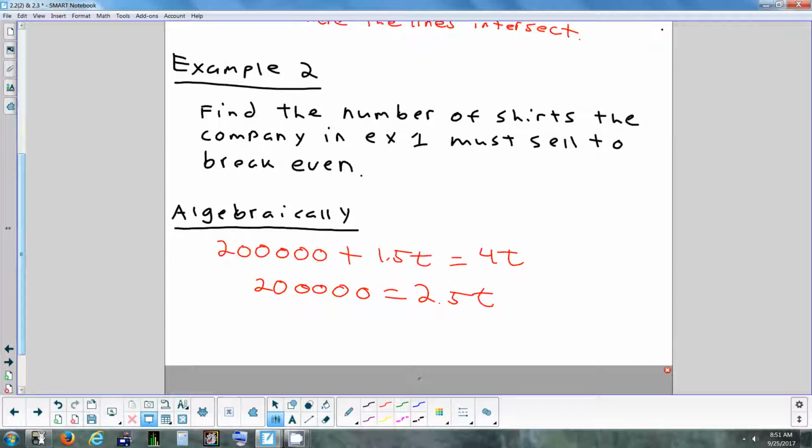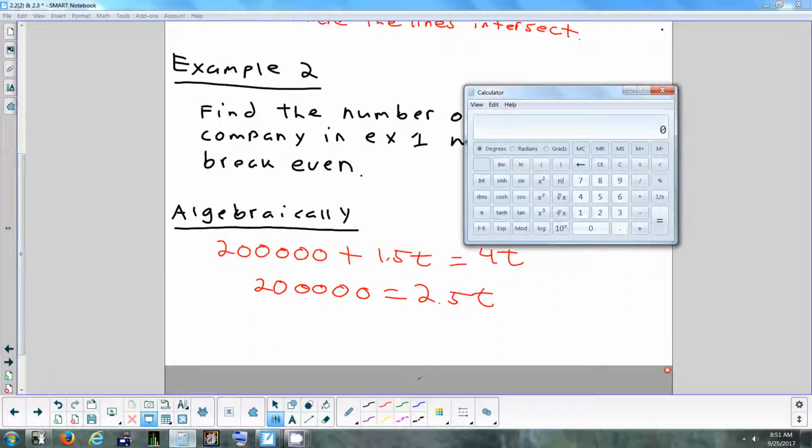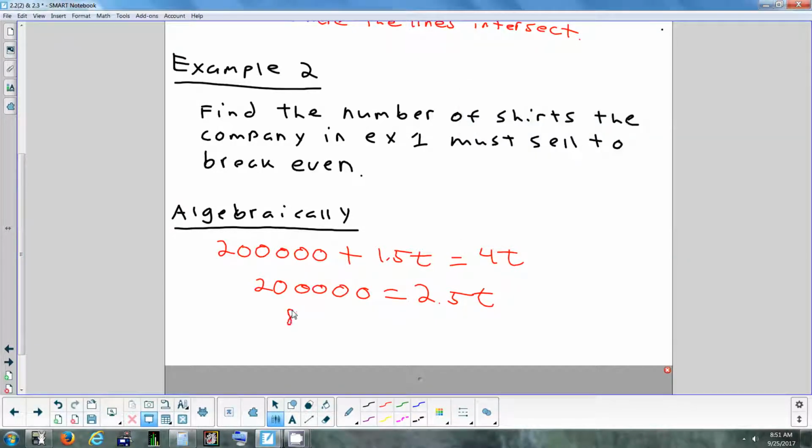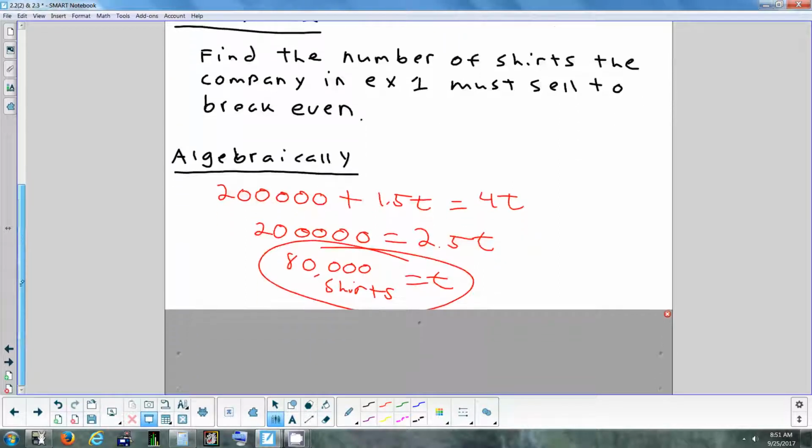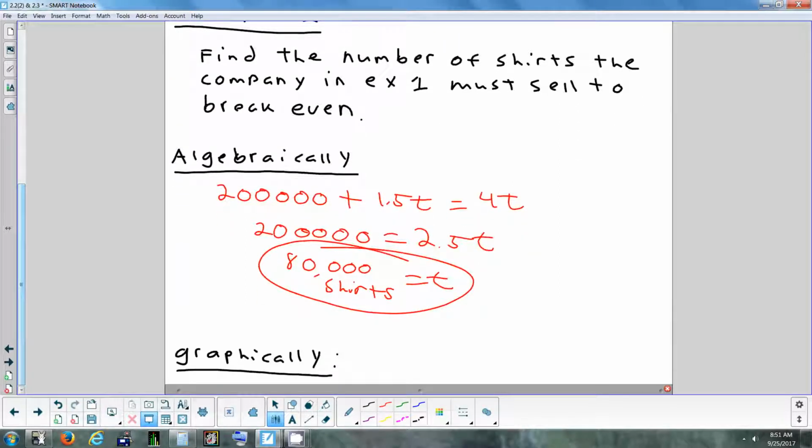I brought the 1.5t over to the other side, and then divide 200,000 by 2.5. So in order to break even, the company needs to sell 80,000 shirts. Any questions on doing that algebraically?